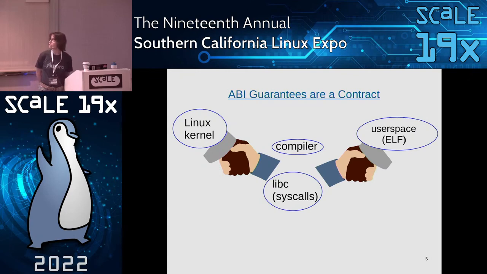In the case of the kernel, we need the kernel community to cooperate with the compiler communities and the user space applications to some extent, and also, most importantly for the rest of the talk, the C library that implements the system calls.